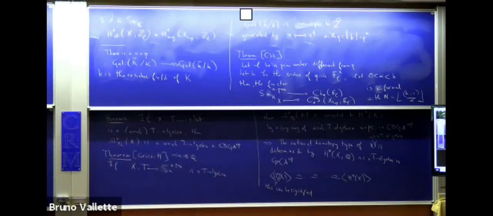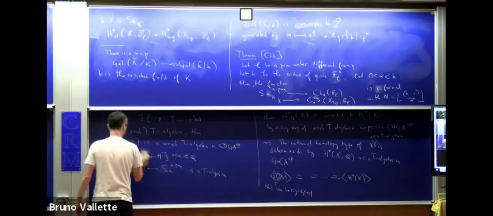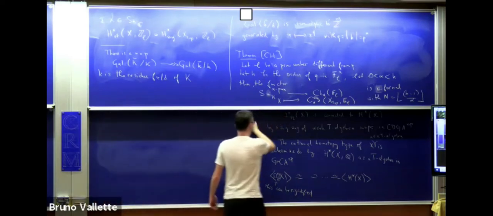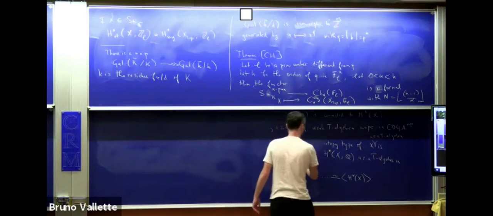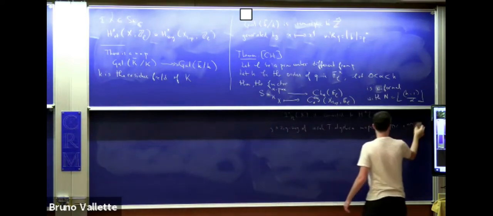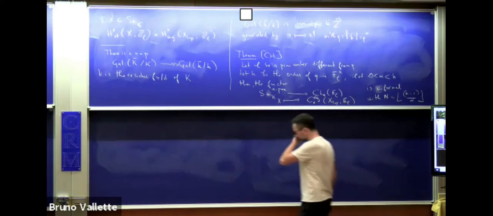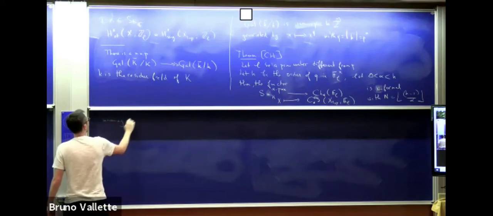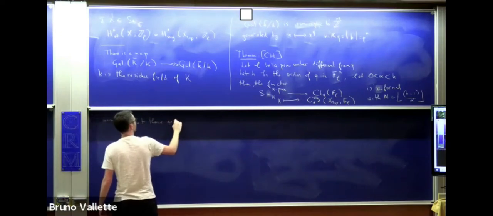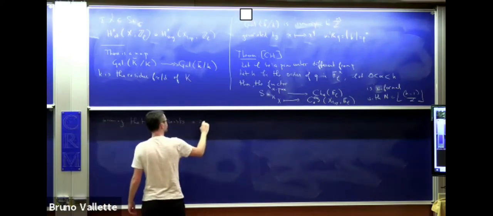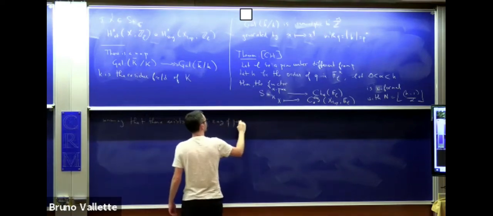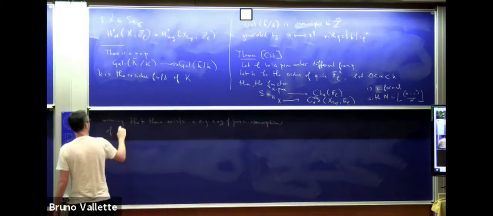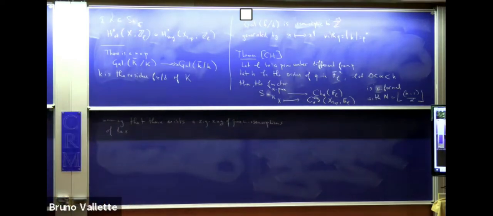I'm going to explain in a second what N formal means. Well, I'm going to explain it right now. Meaning that there exists a zigzag of, sorry, not quasi-isomorphisms, of n quasi-isomorphisms.